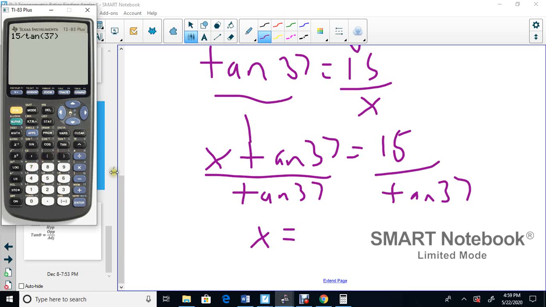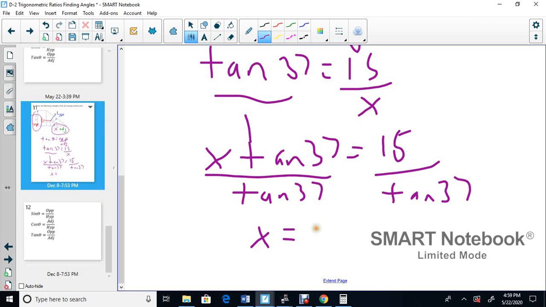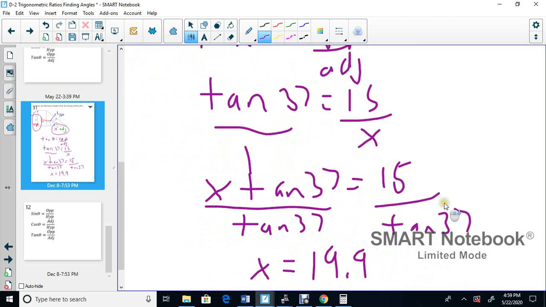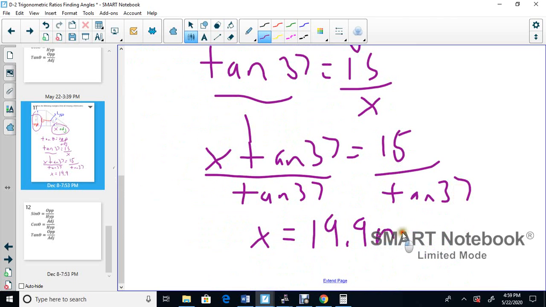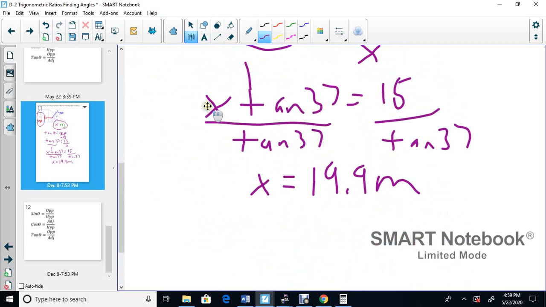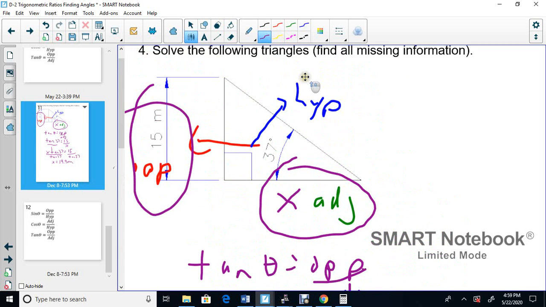Close the bracket and make sure to hit enter. 19.9. Let's see what the units are. 19.9 what? Meters. So 19.9 meters.